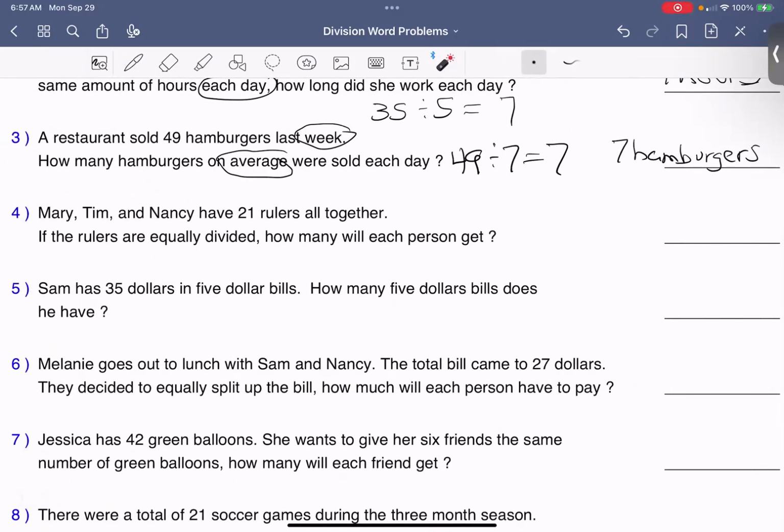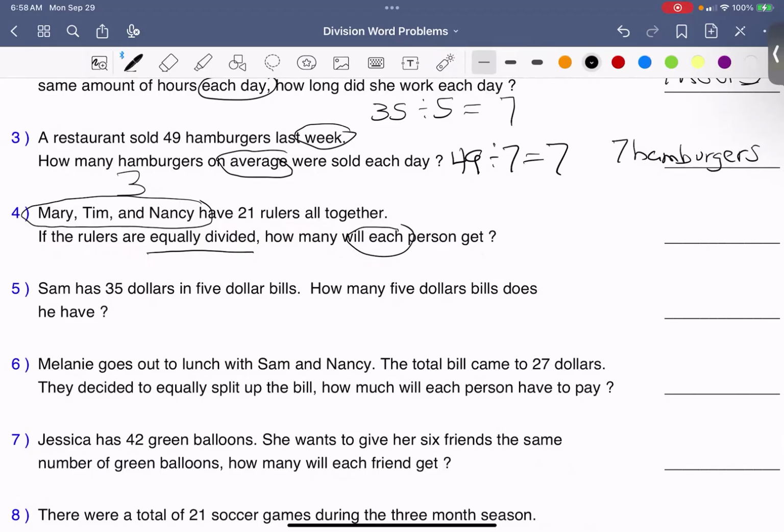Number 4, Mary, Tim, and Nancy have 21 rulers all together. If the rulers are equally divided, how many will each person get? So I'm seeing here each person. Now, how many people? We have Mary, Tim, and Nancy. That's 3. Then it also says equally divided.